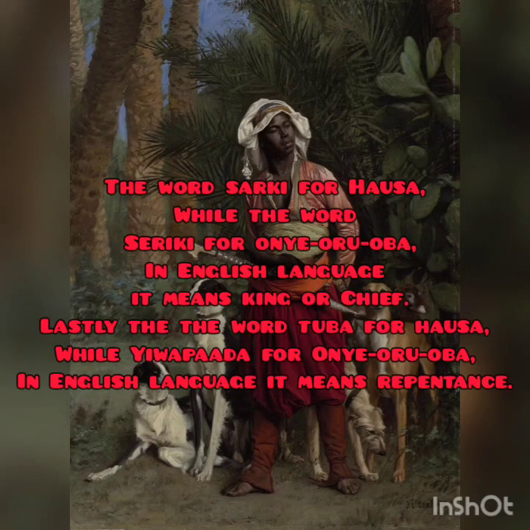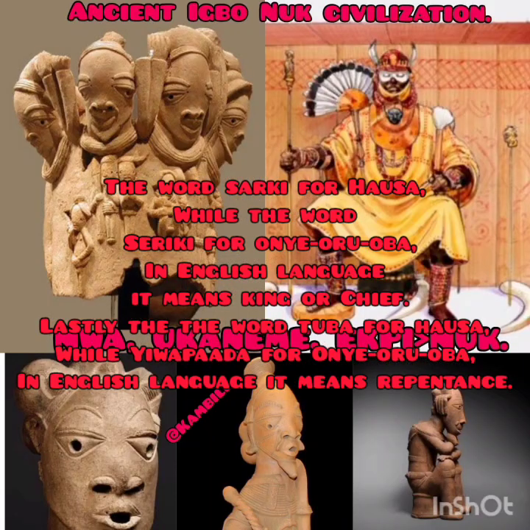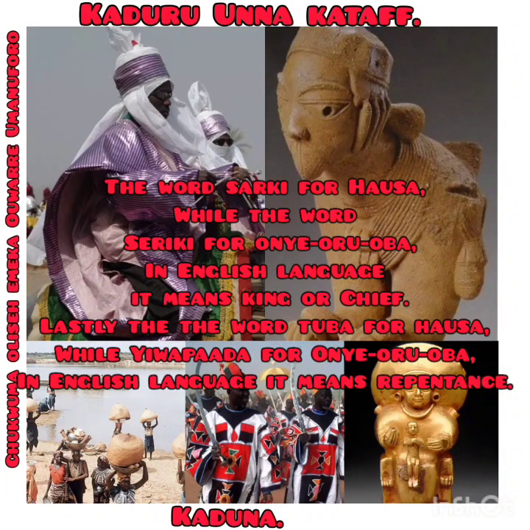The word Saki for Hausa, while the word Seriki for Onye Yoruba, in English language, it means king or chief.